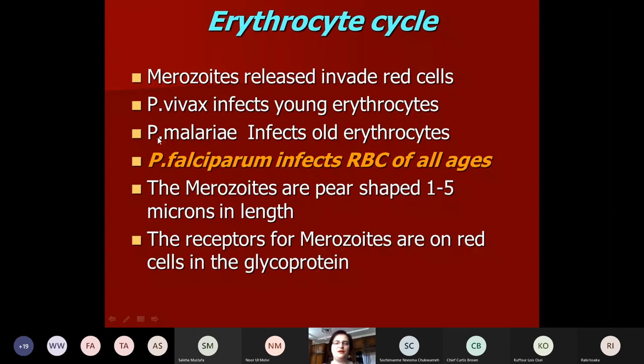Now just try to remember. Plasmodium malariae infects all erythrocytes. Falciparum and ovale, as a rule, infect red blood cells of all ages. The merozoites are pear-shaped, 1-5 microns in length. The receptors for merozoites are on red cells, in the glycoprotein.